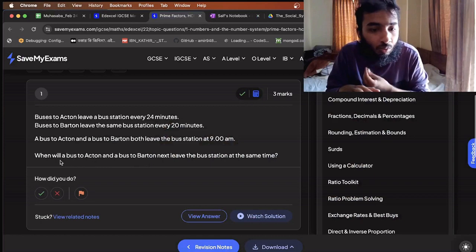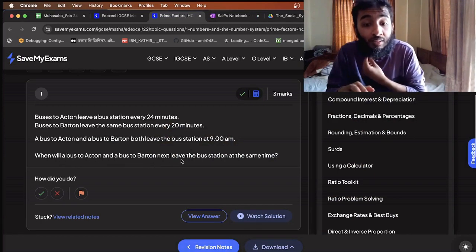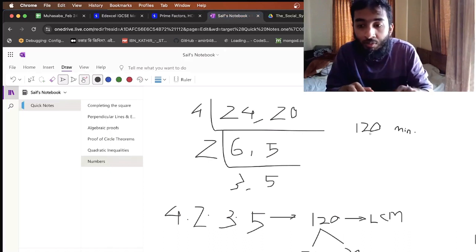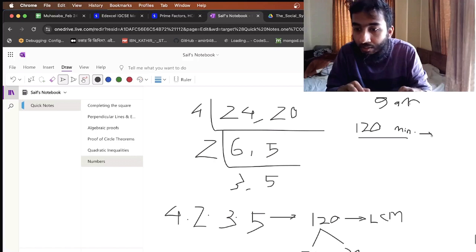To figure out when a bus to Acton and a bus to Barton next leave the bus station at the same time, you have to add 120 minutes to 9 a.m. 120 minutes is 2 hours, so 9 plus 2 hours is 11 a.m.